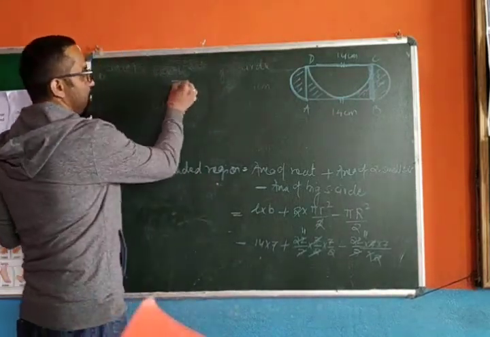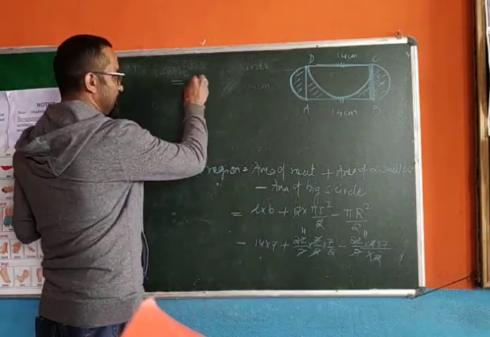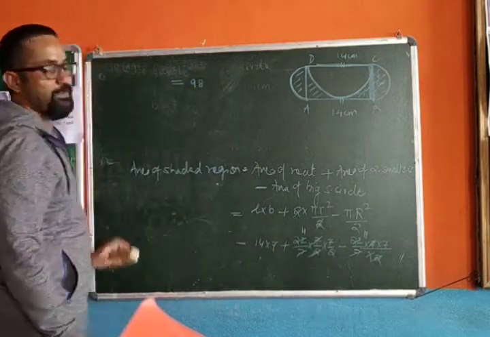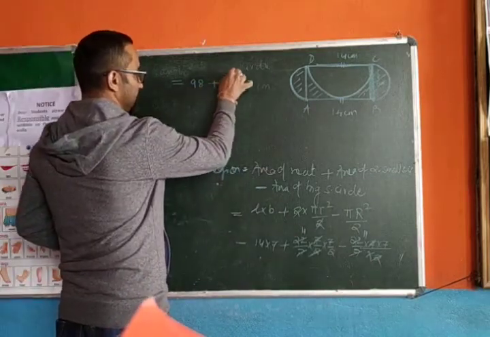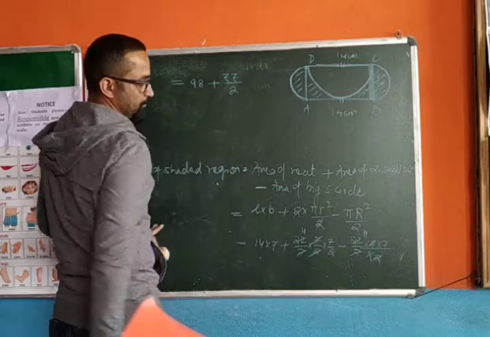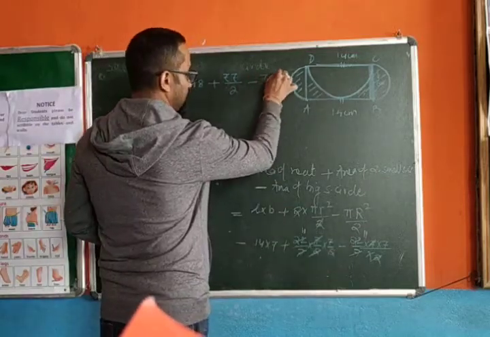Area of the shaded region equals, multiply this, 98. Multiply this, you get plus 77 divided by 2 minus 77 only.